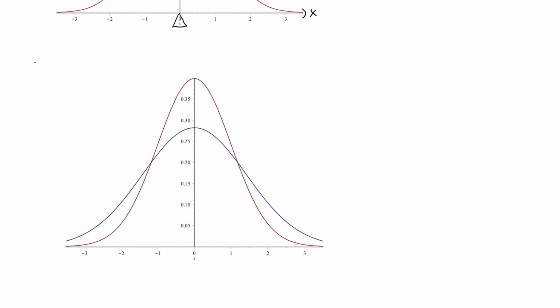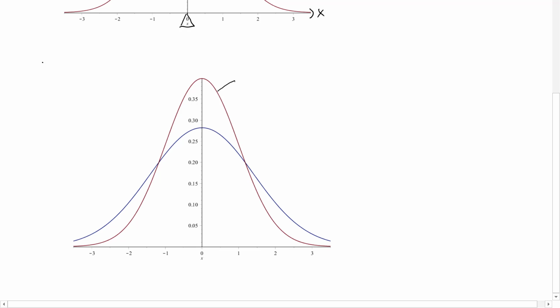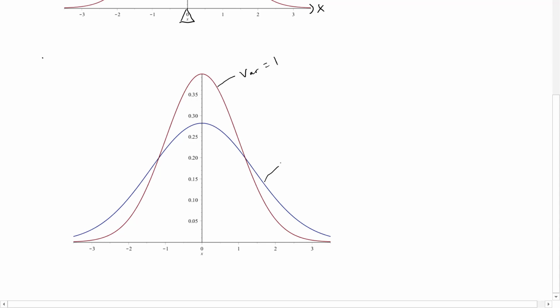However, if you put two probability density functions in the same diagram, you can typically see which one has the highest variance. This one is the PDF of the standard normal, so this has the variance of 1. If we look at the navy blue PDF, we see that this random variable has a smaller probability of returning a value close to 0.